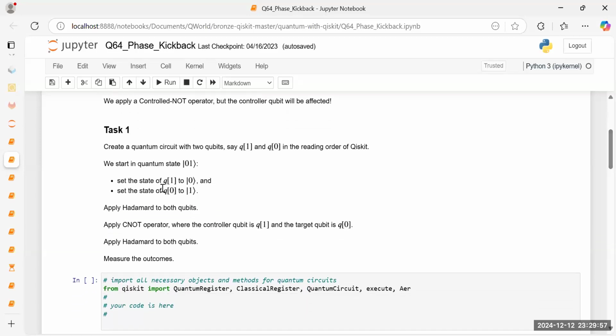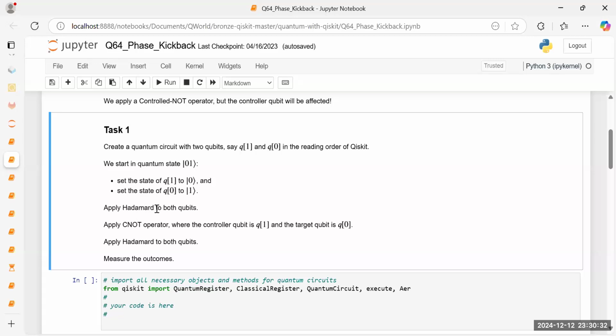This is a circuit we can actually use to do that. So this is the initial state of our qubits.